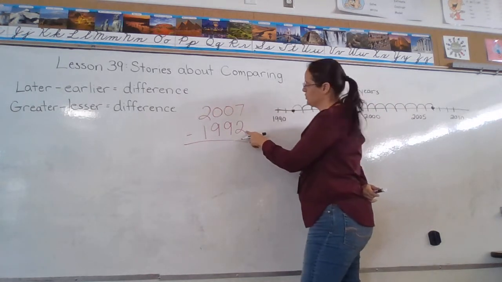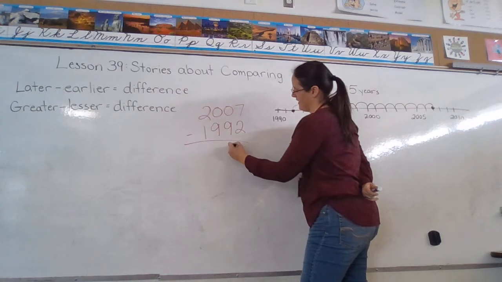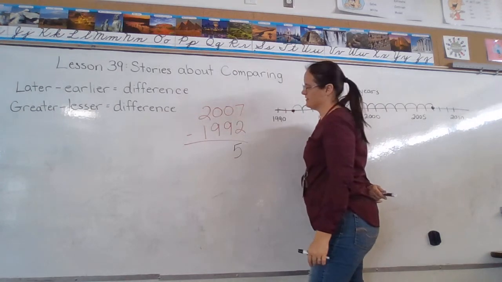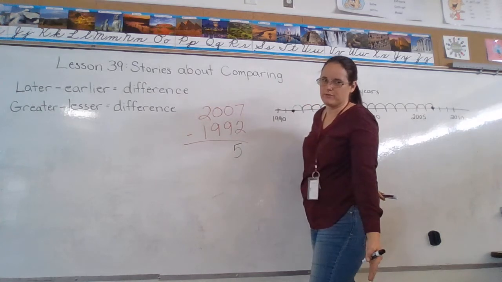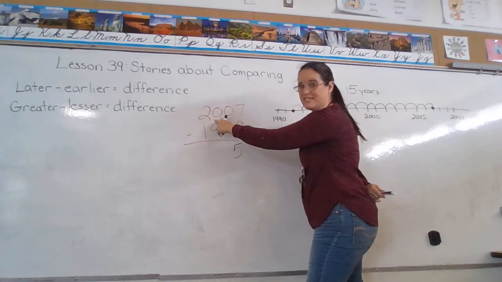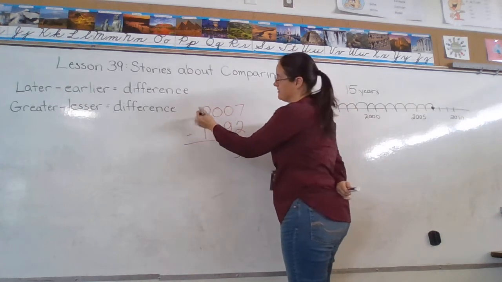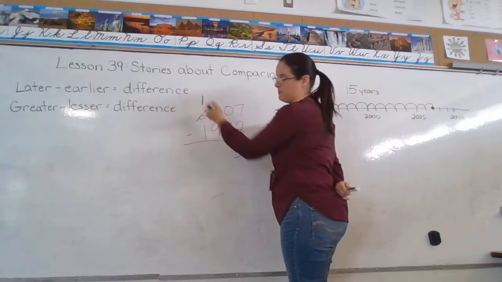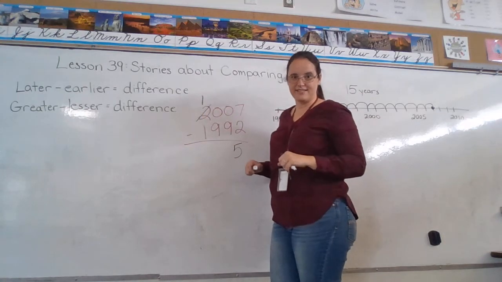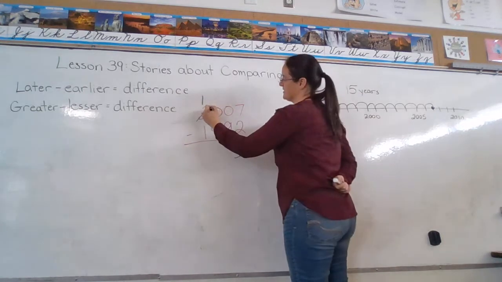7 minus 2, that's going to give me a 5. 0 minus 9, ooh, that's harder. I can't take 9 away from 0. I have to borrow, but I can't borrow from 0, so I have to go all the way over here to the thousands and borrow there. I'm not going to take 1,000 and break it into tens. I'm going to break it into hundreds first.